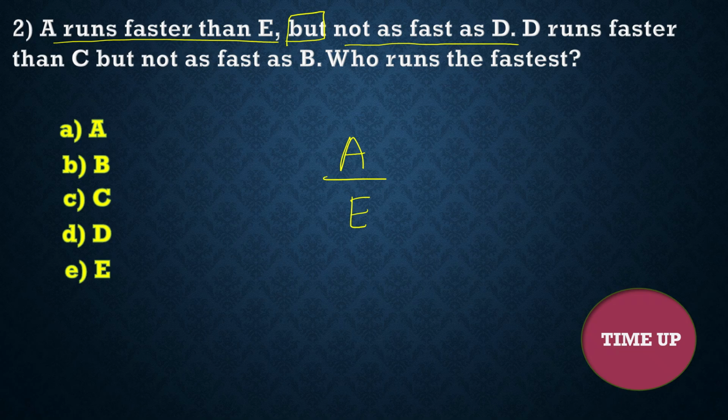A will not run as fast as D. So D will be placed on top of A. Next, what they are saying is D runs faster than C, but not as fast as B. That means B will be placed here. Who runs the fastest? B will run the fastest. So option B is the correct one. B will run the fastest among them.